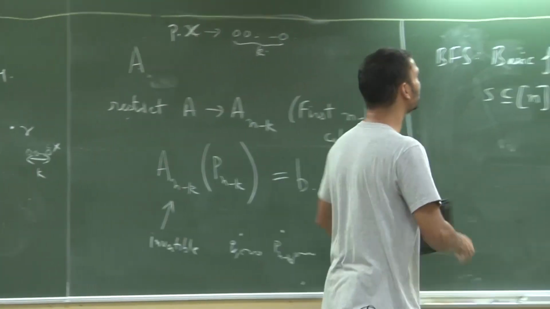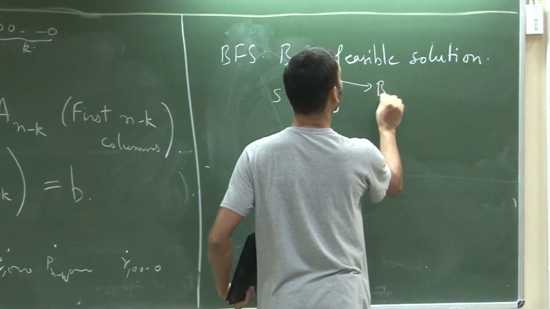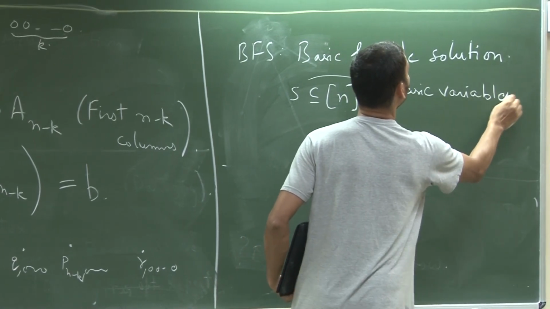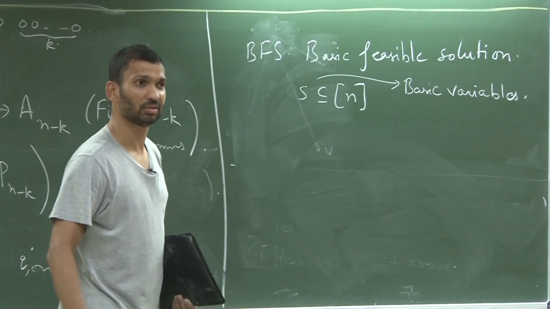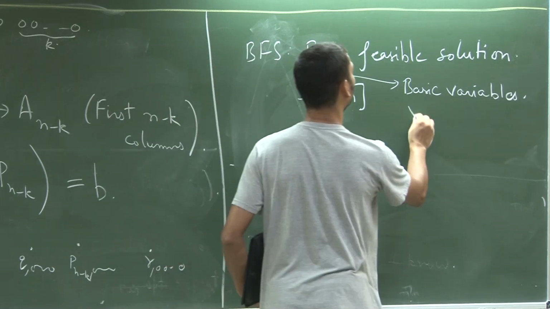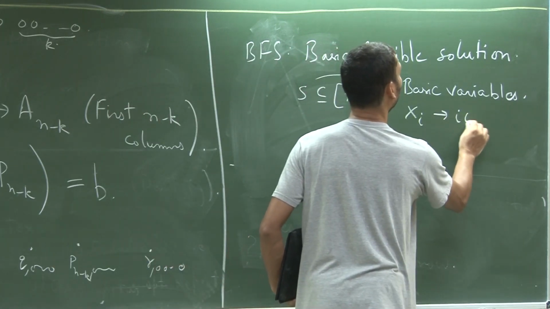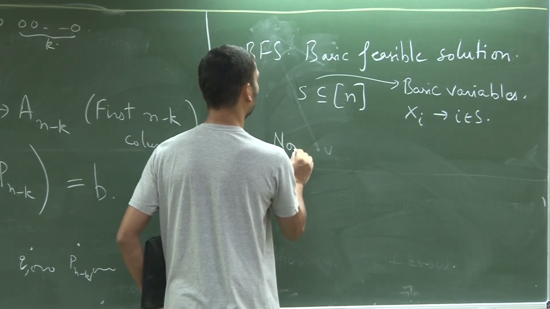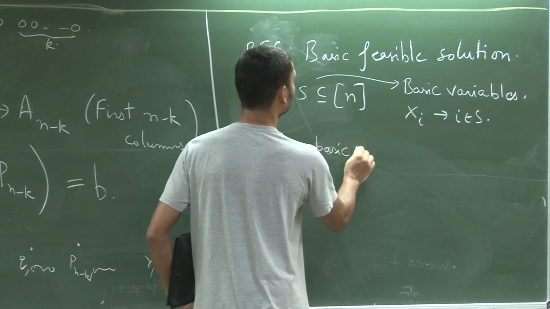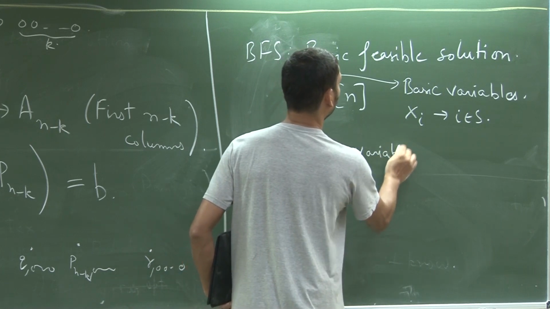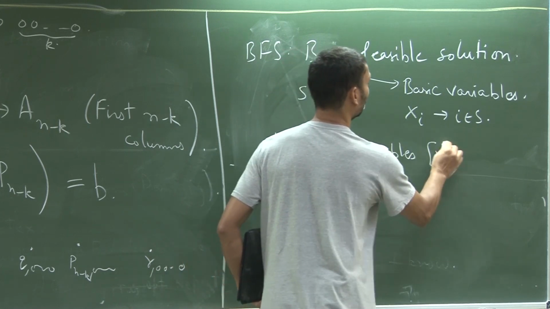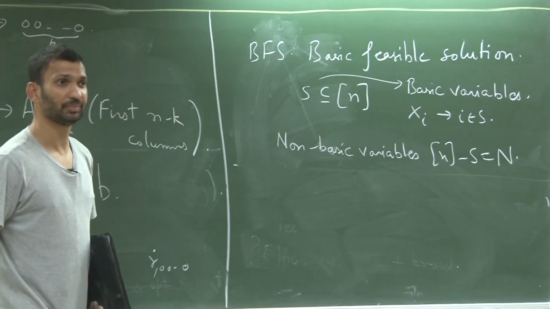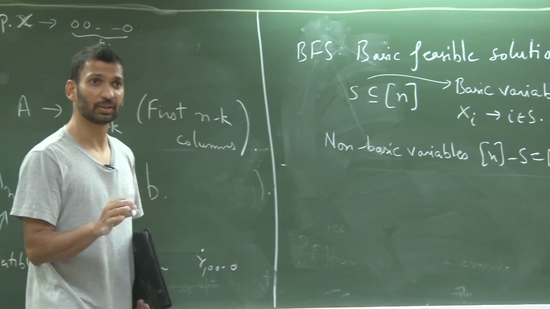Okay? So, this set will be called the set of basic variables, X_i such that i is an element of S. And I will have non-basic variables, which is the complement of S, let's denote them by N. Okay?